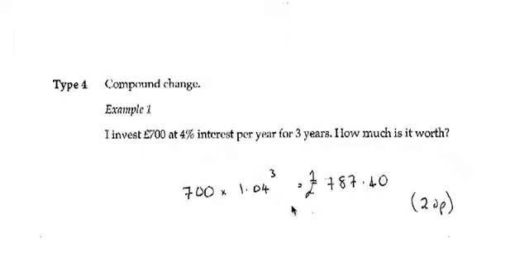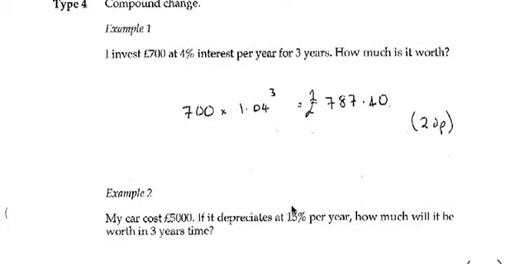Now a variation on this is if instead of money being added on, as it would be in your bank account, money is taken off, as it would be if your car was losing value. So first of all, you need to know that the word depreciates means goes down. So up here we were adding on 4%, which took us to 104%.